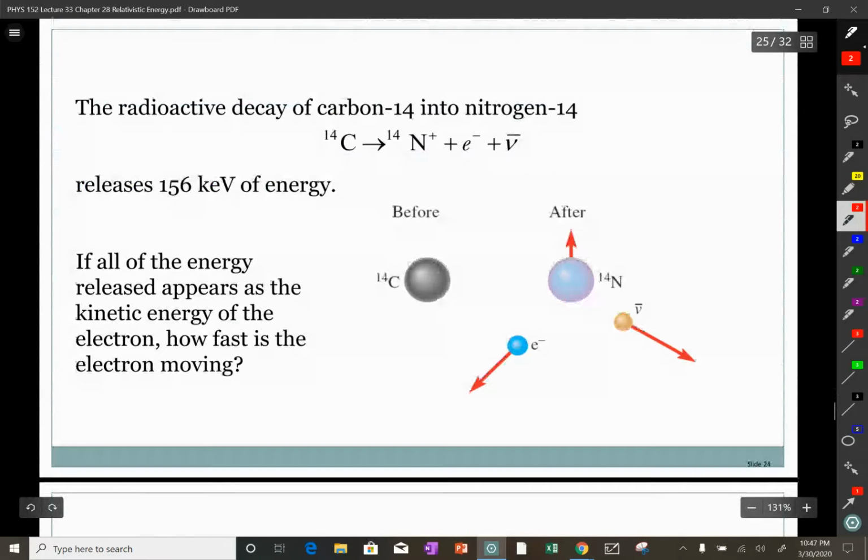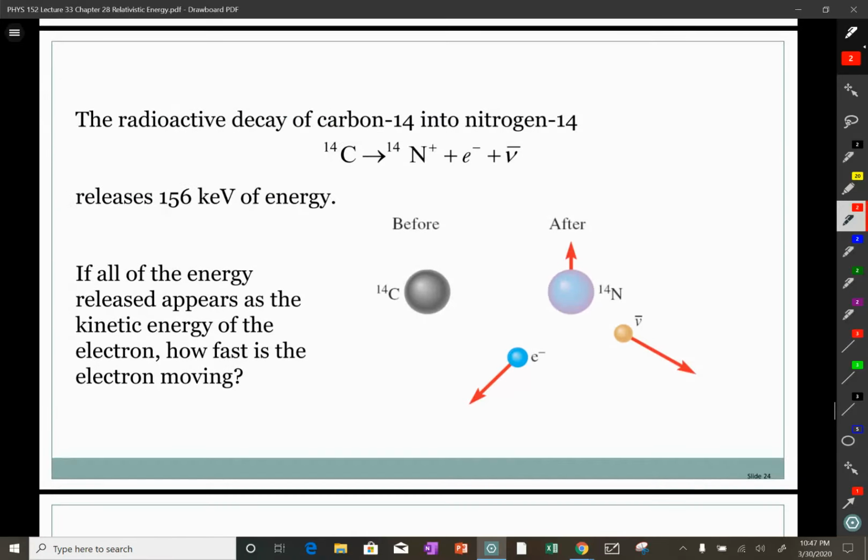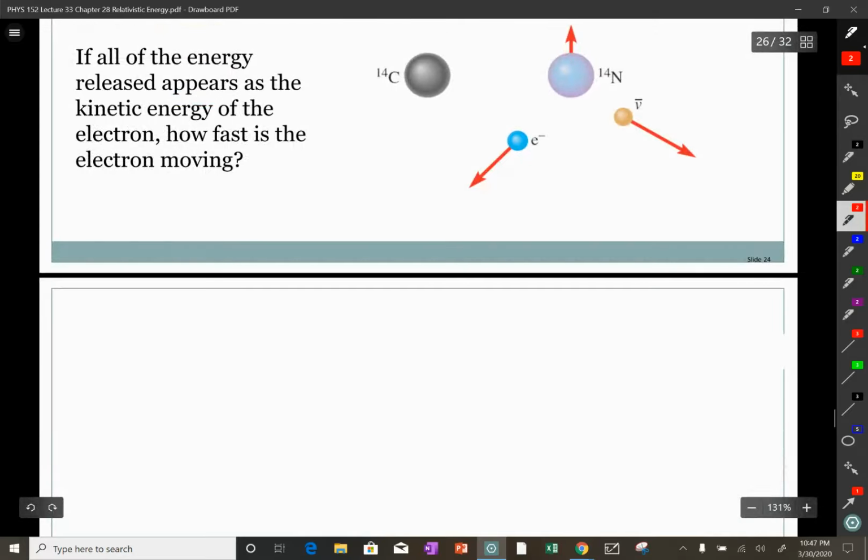Now we're coming back to that radioactive decay of carbon-14. We calculated that it released 156 kiloelectron volts of energy. If all of that energy is kinetic energy for the electron, how fast is the electron moving? Well, our approach is pretty simple. Kinetic energy is equal to gamma minus 1 times mc squared.